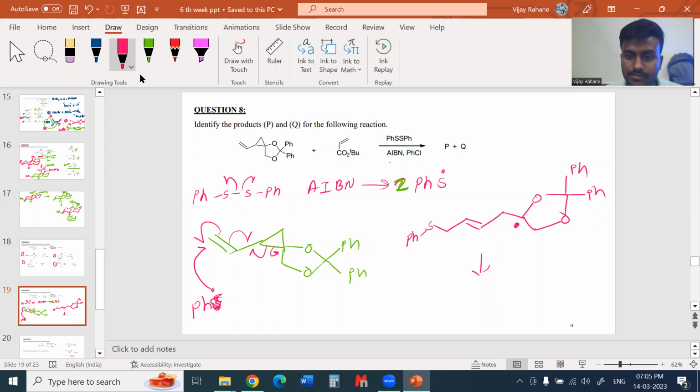Since the radical is formed here, because of this oxygen, it got some stabilization. So it involved like this.